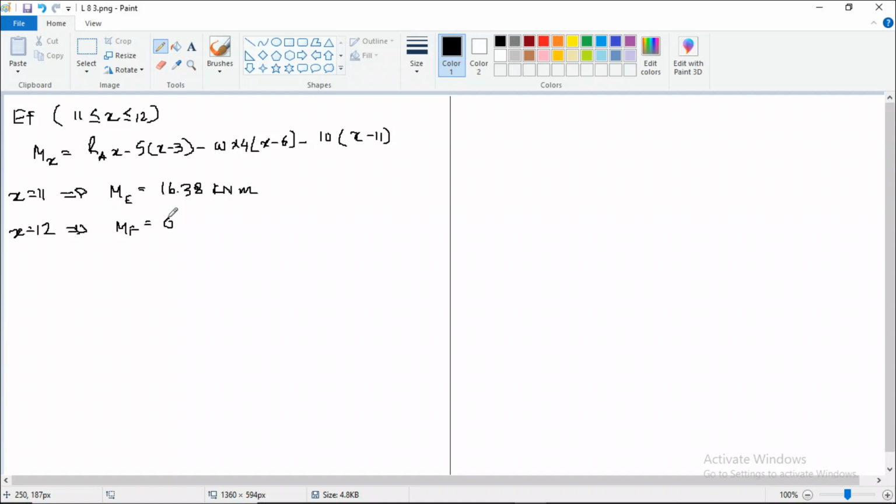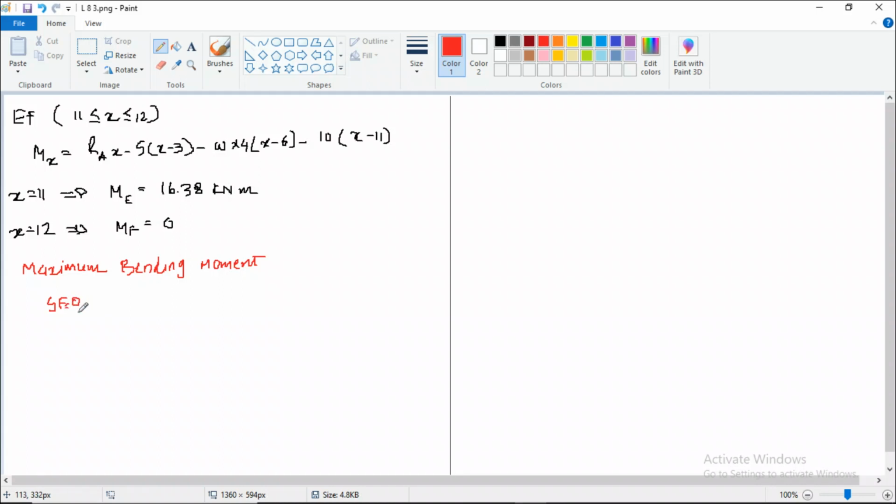We calculated the bending moments at different points. Now after that, we need to calculate the maximum bending moment. To calculate maximum bending moment, the point is where shear force is equal to 0, right?